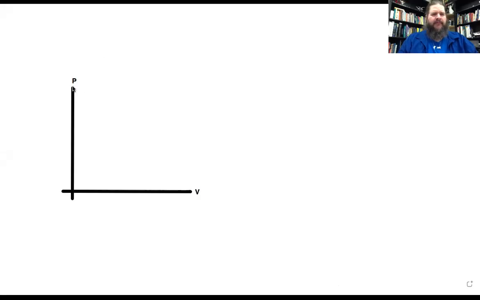If we have a graph of pressure versus volume, and we just have a point on the graph, what information does that tell us?